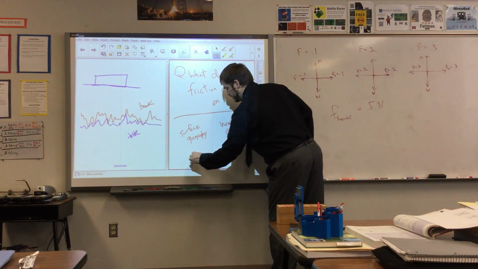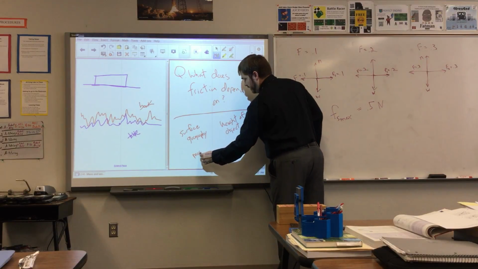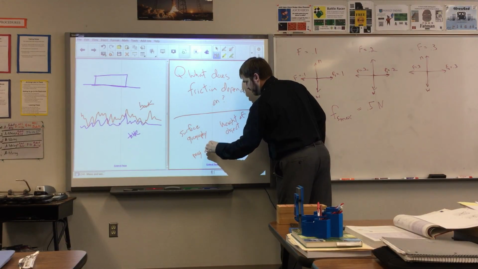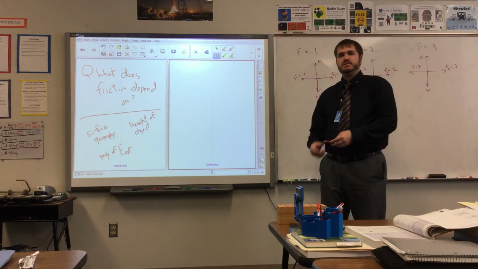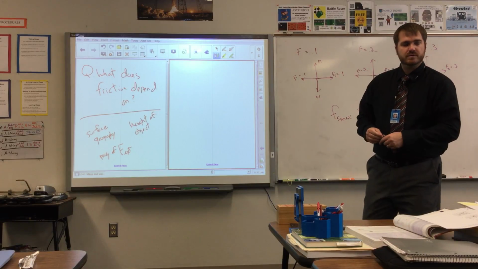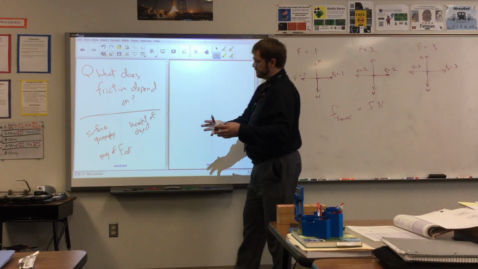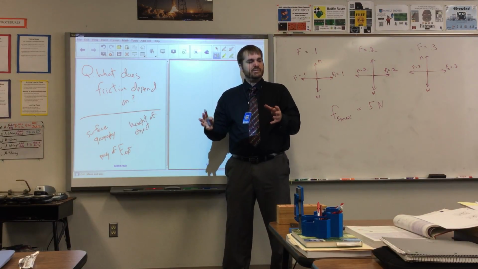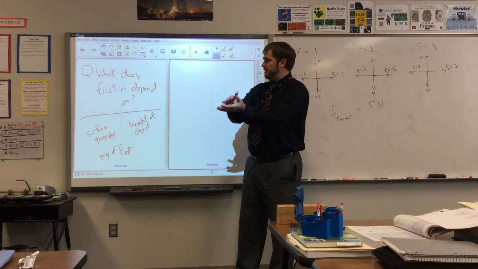I'm not saying these are right or wrong. I'm just saying, get them all down here. Magnitude of the external force. Keep going. Somebody else. The surface geography of the object. The what now? Wouldn't it be just the surface geography of the surface, the same thing as the surface, but for the actual object?